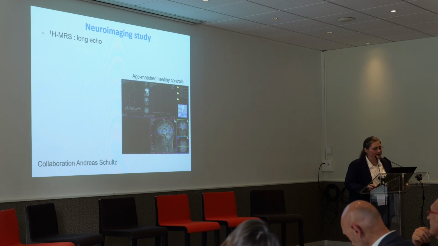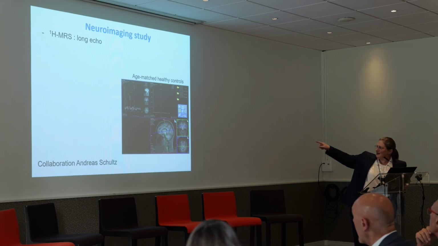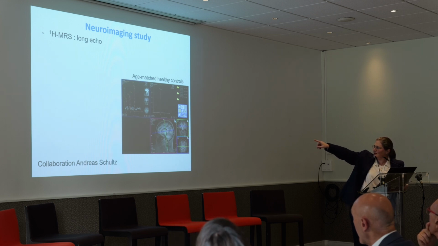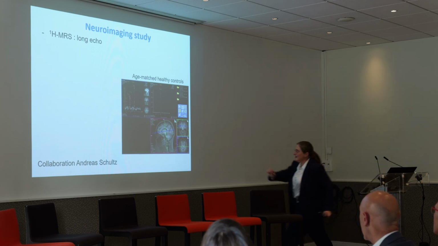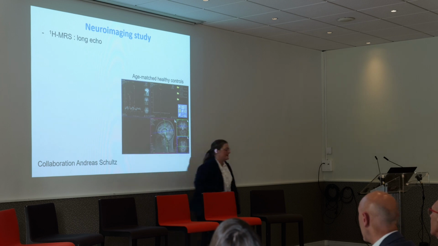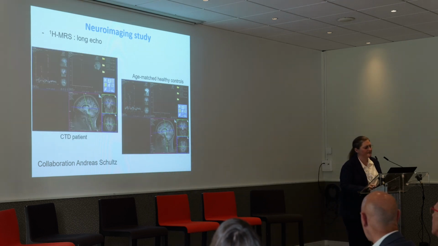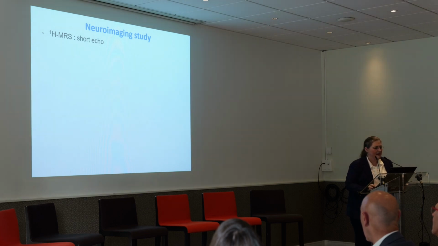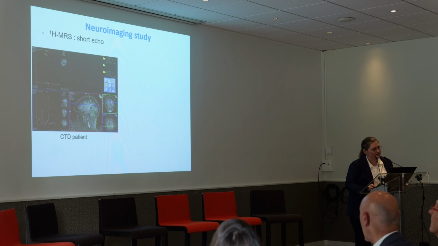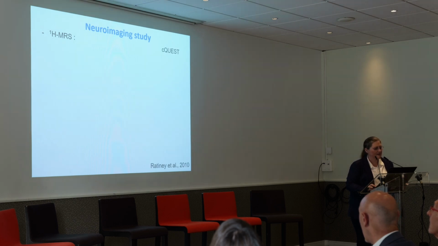Here you can see the spectroscopy, and you have seen a lot, so you're very familiar with it. Basically, the region of interest is in the basal ganglia, and you can see in a healthy control the wonderful peak of creatine here. And then, of course, the same thing in the patients, where we have a very small creatine peak. Then we did the same thing in the white matter, short echo.